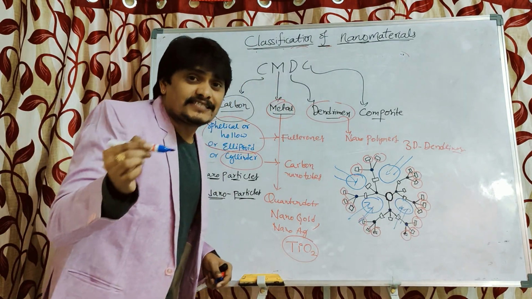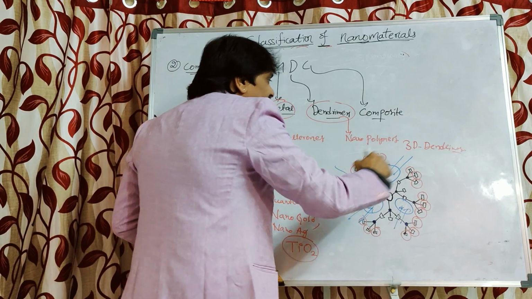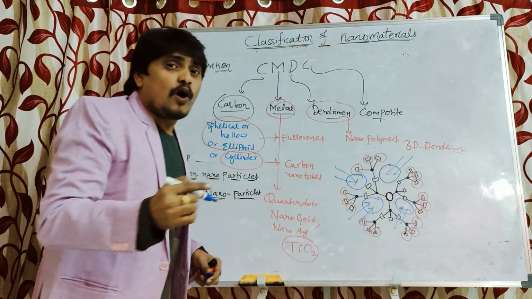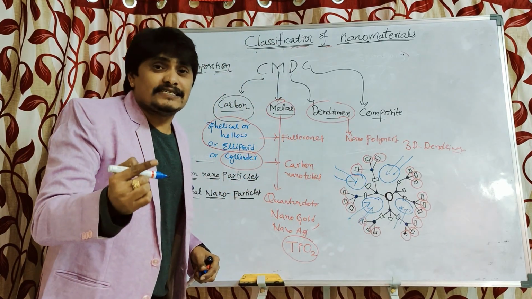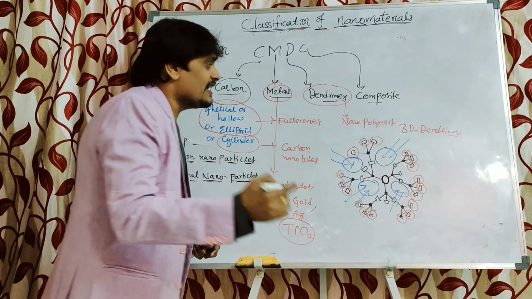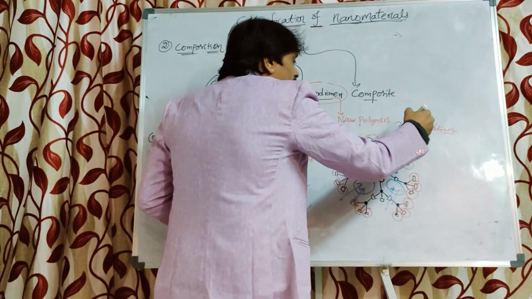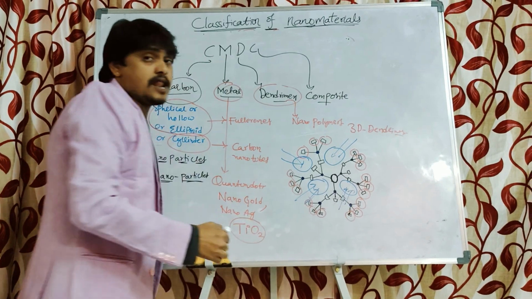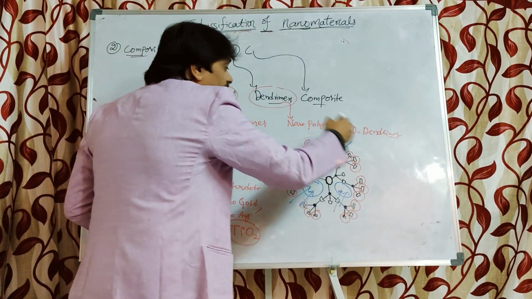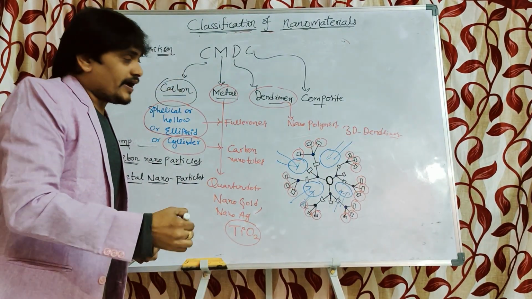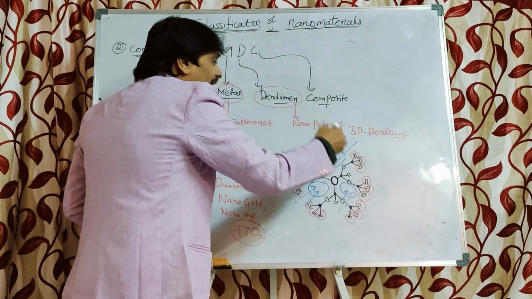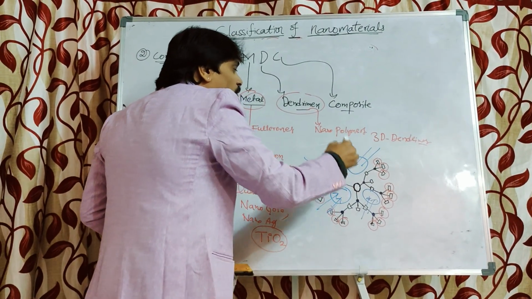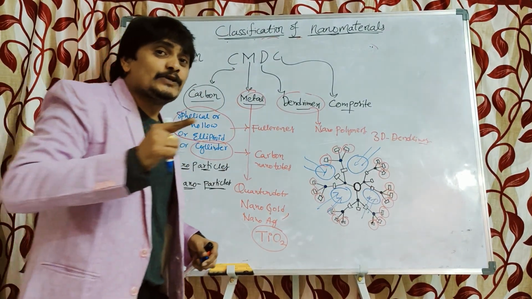So that is the reason, as these 3D dendrimers comprise interior cavities, these interior cavities may be filled with a drug molecule, and the dendrimers containing the drug molecule are administered into the body.